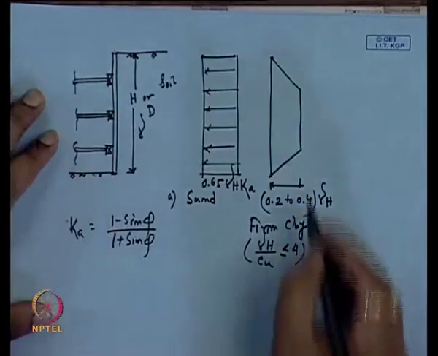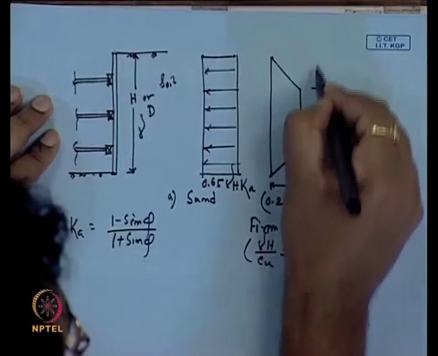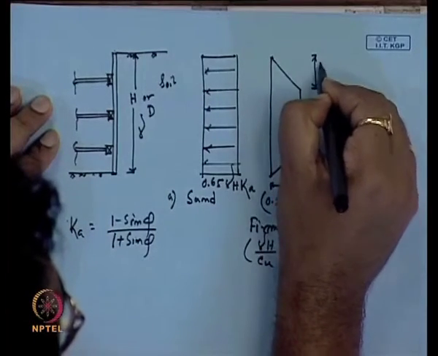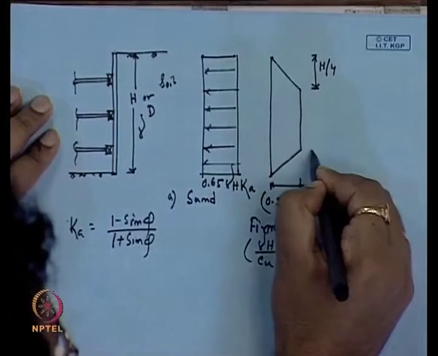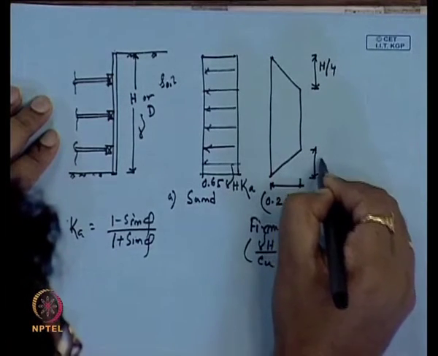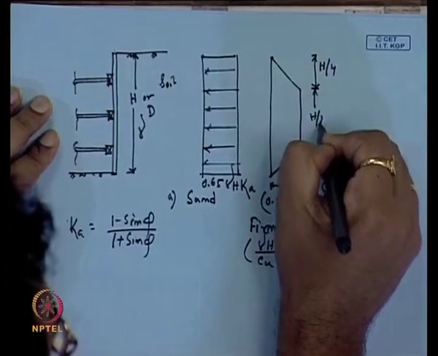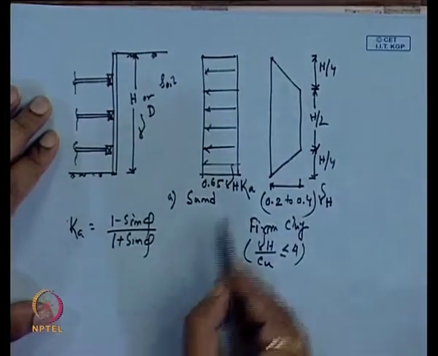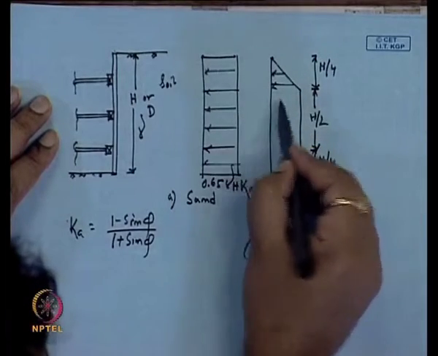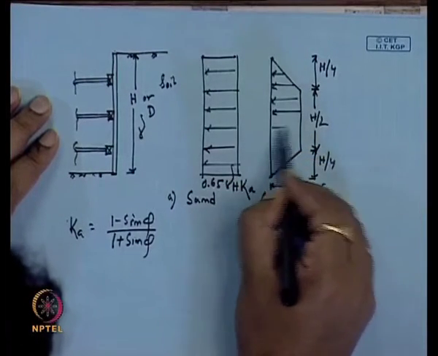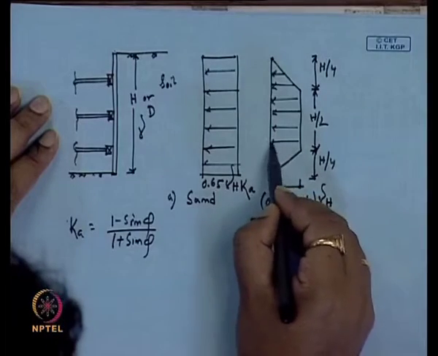This is another condition. So, here this value is H by 4, this is also H by 4, and this one is H by 2. So, this stress will also act in this direction.